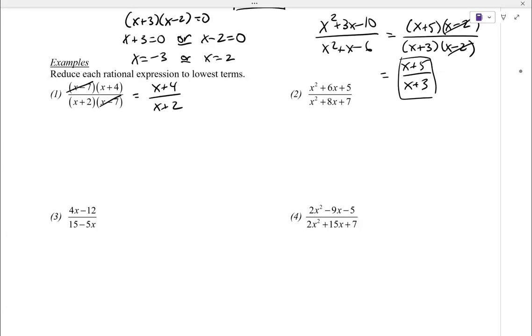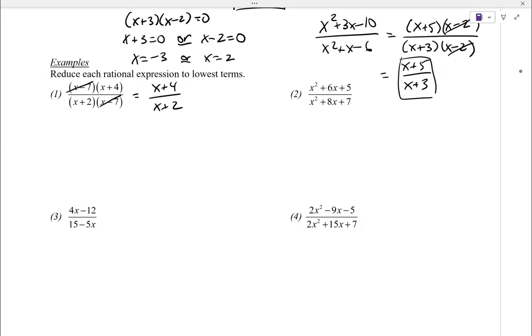Let's do the next one just in line, because it's a little bit different. Let's do this one. Again, when it asks you to convert or reduce to lowest terms, literally it's just asking you to factor everything in sight. Okay? Factor the top, factor the bottom, see what divides out. And we're going to see that again on Monday, too, when we do multiplication and division.